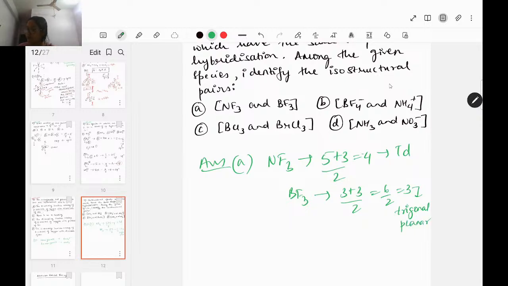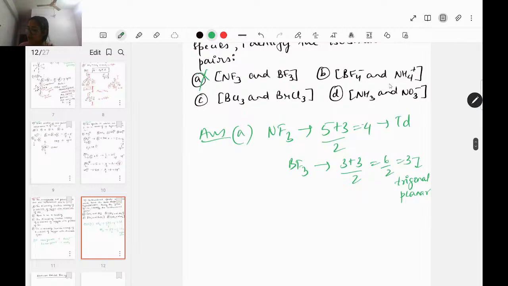So this is incorrect. What about BF4 minus and NH4 plus? Let us find out. For BF4 minus, 3 plus 4 plus 1 is 8, 8 by 2 is 4, which is tetrahedral. And for NH4 plus we have 5 plus 4 minus 1, which is 8, 8 by 2 is 4.